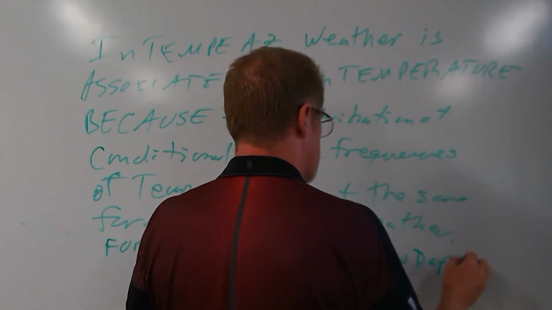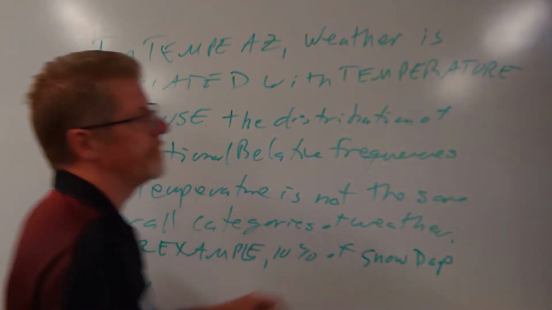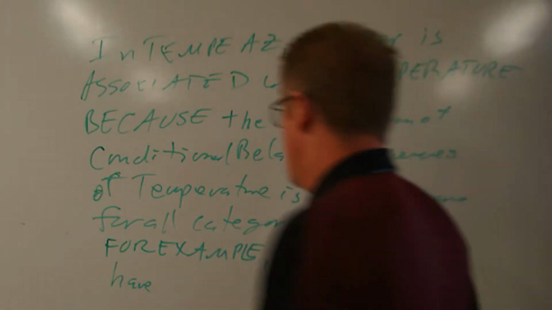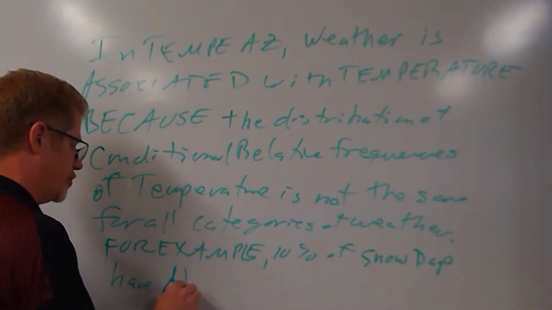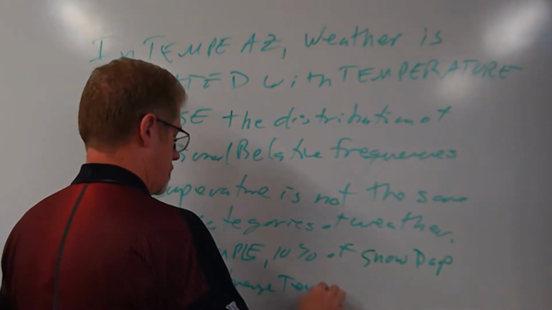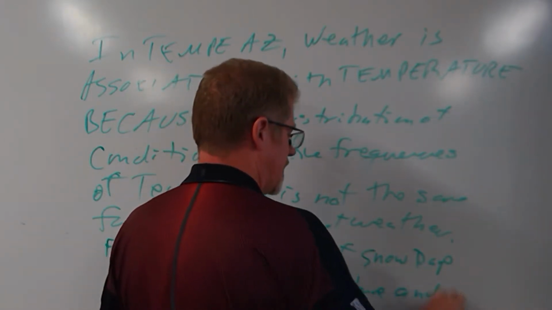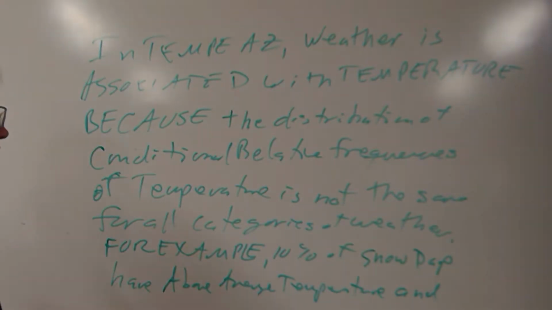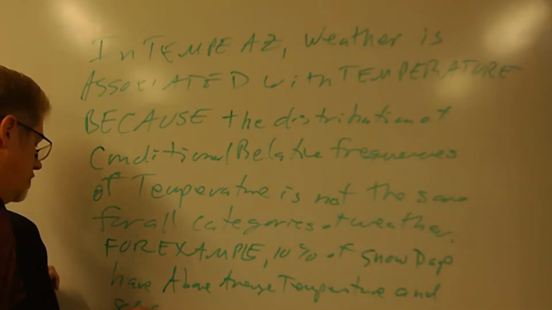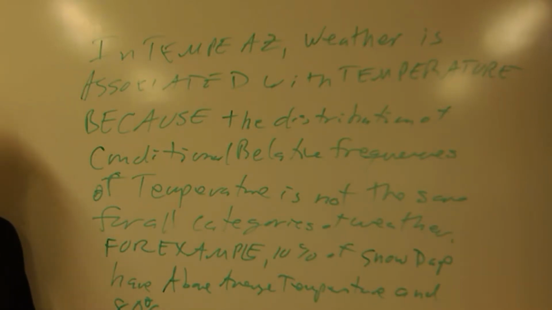Snowy days have what? Is in the one, so that's above average temperature. Have above average temperature. To keep it one sentence, let's use the conjunction and 80%. Can someone finish this phrase for me? 80%.